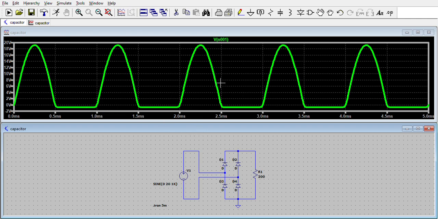The average voltage for this circuit in the input is 5.6314 volt. That is the average voltage for this input on the circuit.